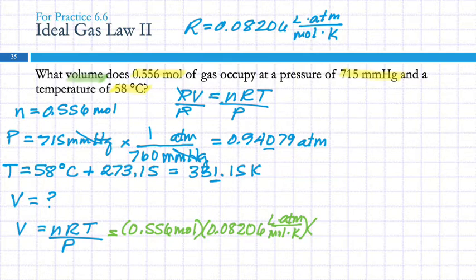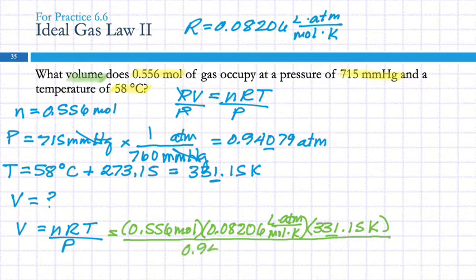Temperature, 331.15 Kelvin. And we're dividing all of that by the pressure in atmospheres. Atmospheres cancel atmospheres, moles cancel moles, kelvins cancel kelvins.